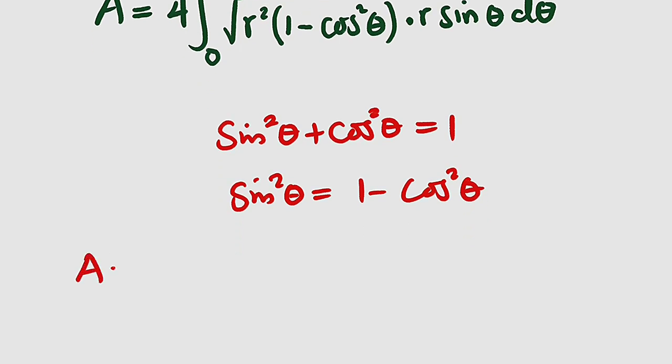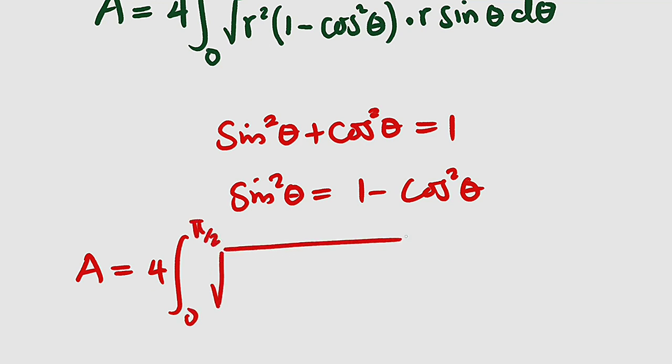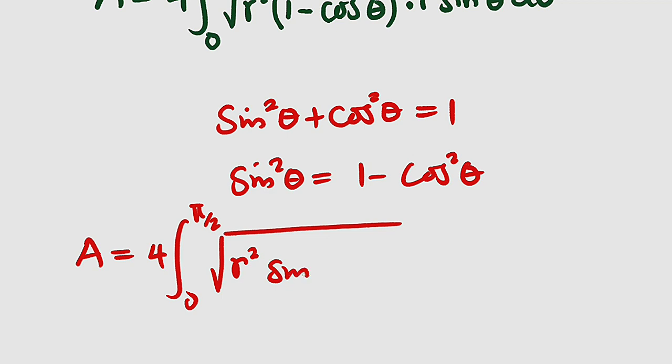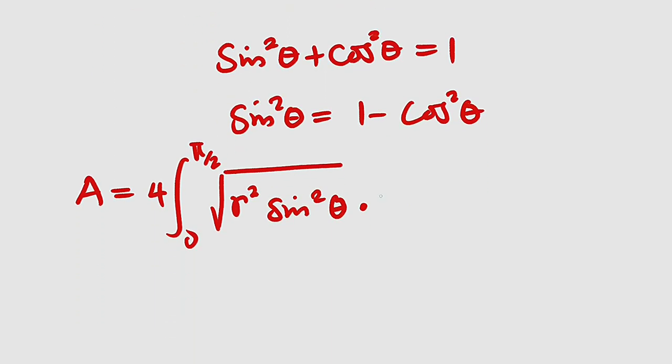Therefore, our area is now equal to 4 multiplied by the integral from what? 0 to pi divided by 2 of the square root of r squared multiplied by sine squared theta. Then multiplied by r sine theta d theta.